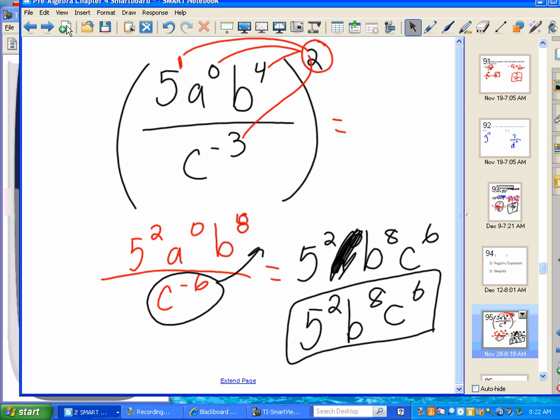Jeremy, go ahead real quick. Anything to the 0 power is 1. Well, why? Times 1 doesn't mean anything, right? It's still the same problem. You know what I mean?